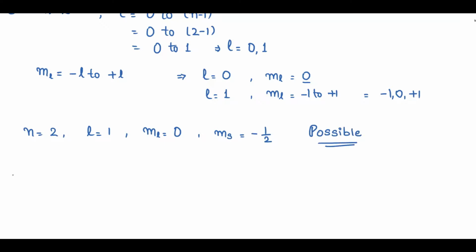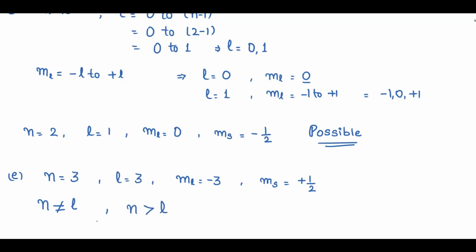Surely this set of quantum numbers can be possible. Now let's see the fifth one. It is n equal to 3, l equal to 3, m_l equal to minus 3 and m_s equal to plus half. Now we know it very well that n cannot be equal to the value of l. n is always greater than the value of l.